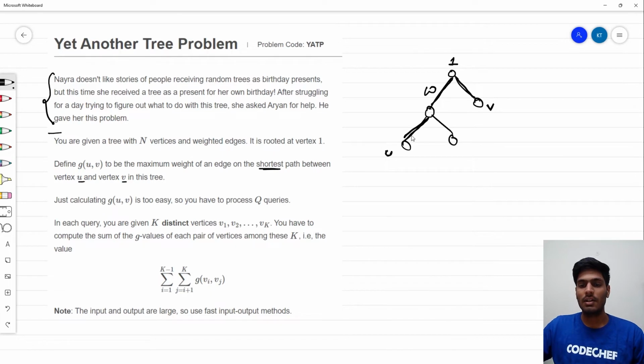So there can be many paths like this, but we want the shortest path. The shortest path will only be this, and we wouldn't visit this node. So this is a simple problem statement defining method.